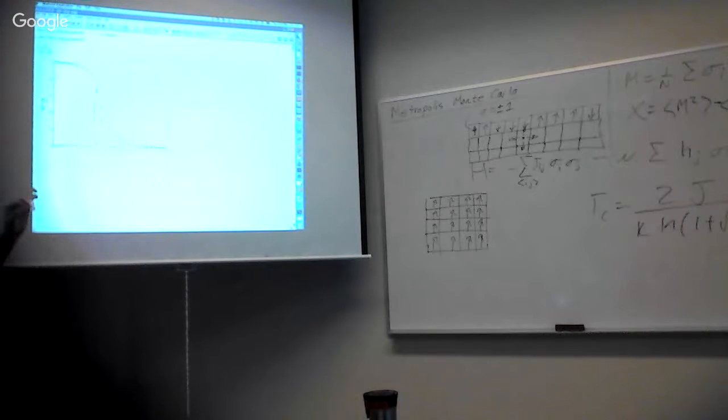Well, we can see the main features here. We definitely go from magnetization of 1 to 0. It actually happens quite sharply. This is shifted off the critical temperature, and there's a couple reasons for that. One of which is the finite size of the system. But the critical temperature is also kind of the borderline of where you expect, above that, you would have mostly zero magnetization. Okay? Cool.